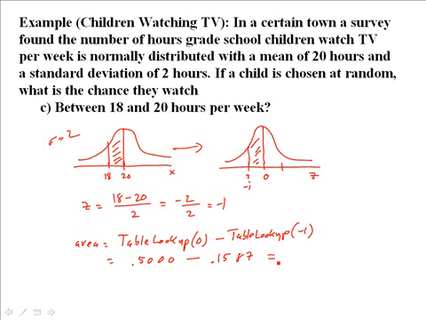So when I subtract those two, 0.5 minus 0.1587, I get 0.3413. Or if I round that off to the nearest percent, I get 34%. So this area is about 34%. And that means my original area over here was 34% as well.